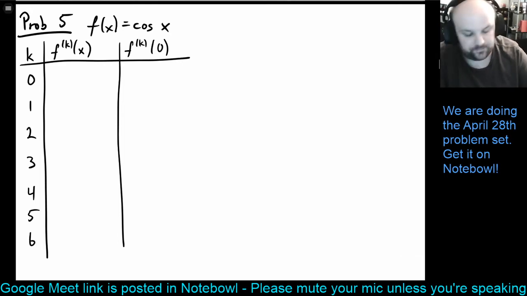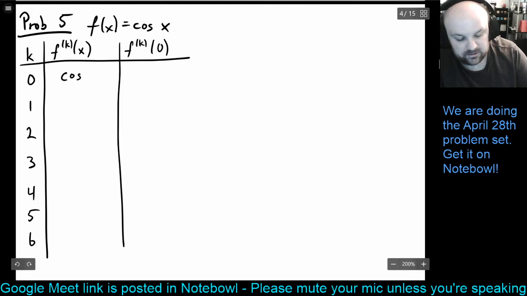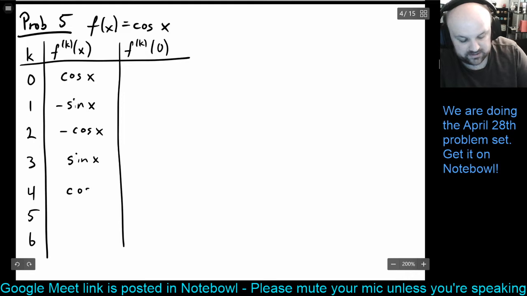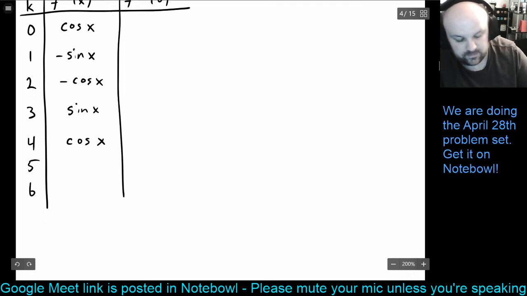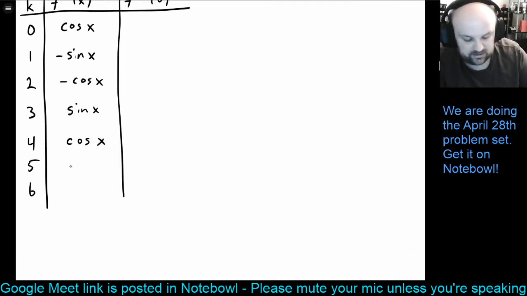So as many as you need. Right, so if we start with cosine of x, the first derivative is negative sine x. Then we go to negative cosine x, and then we go to sine x, and then we're back at cosine. Right? And you can see this pattern is just going to repeat.